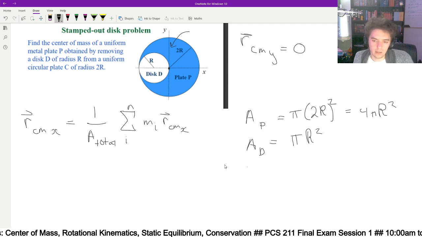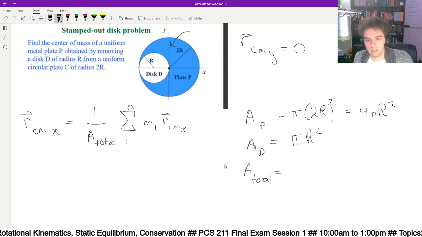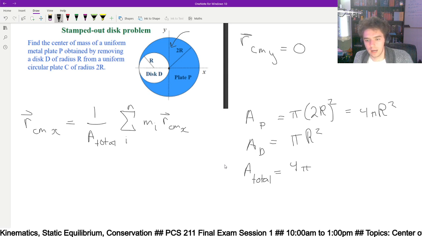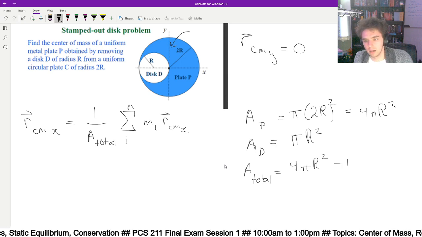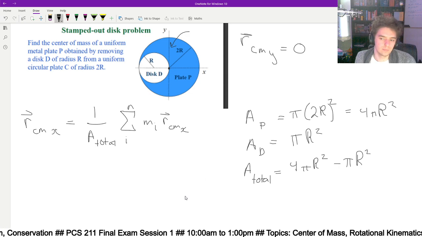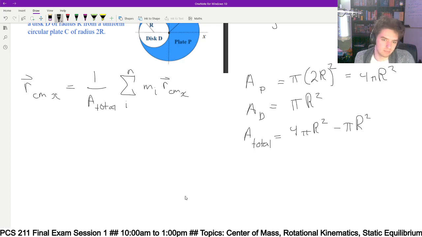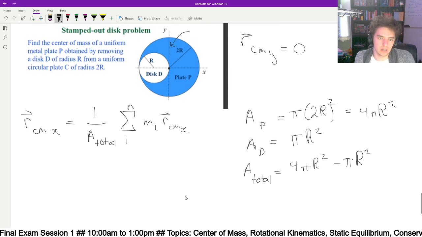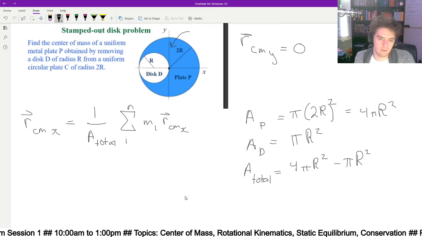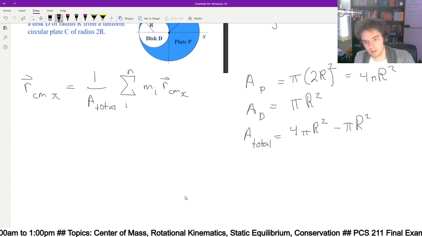So it's just going to be pi r squared. So the total area is going to be 4 pi r squared minus pi r squared. Yeah, actually we can. Let's factor out the pi r squared.